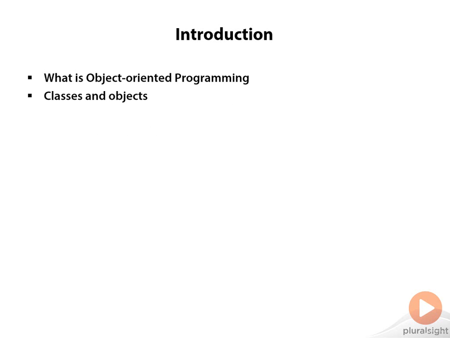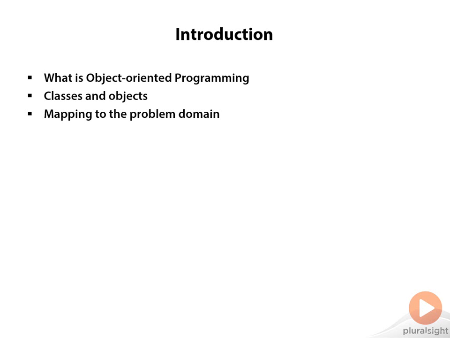We will also spend time on object-oriented programming in great detail, and that will mean talking about classes and objects, as well as other aspects of object-oriented programming. Object-oriented programming is a technique that allows you to map your program to the problem domain.